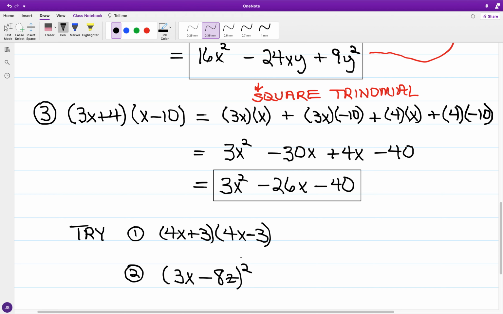So for the next few moments, let's see what expressions we get upon multiplying what we have in these two problems.